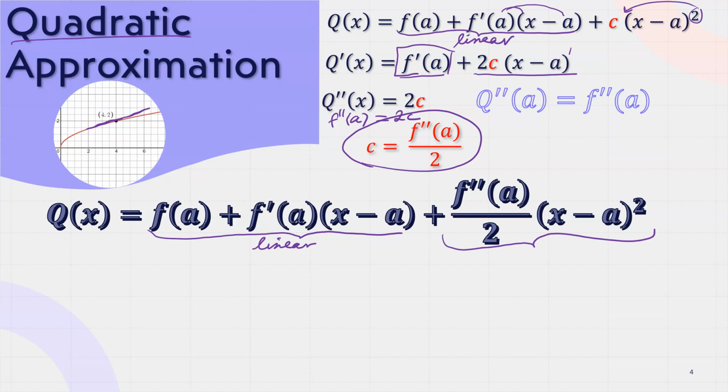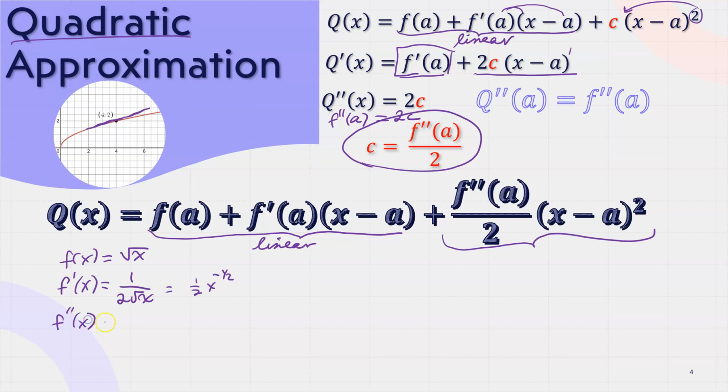So for example, again, let's say that f of x equals the square root of x. Then the first derivative is going to be 1 over 2 square root of x, which really is 1/2 x to the negative 1/2.